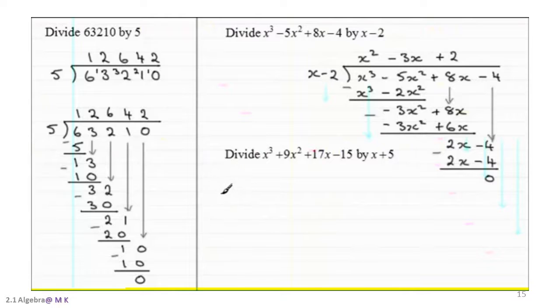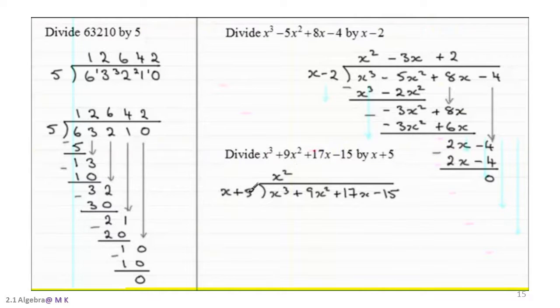So with this one then, I'd set up my x plus 5. We'll have x plus 5 here, and we're dividing this into our polynomial of x cubed plus 9x squared plus 17x minus 15. So we just say, what do we multiply x by to give us x cubed? Well, it's x squared.